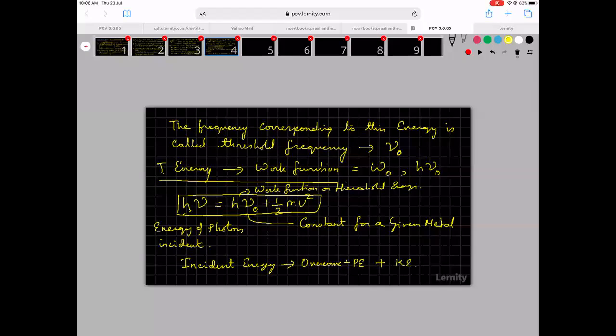In the Bohr structure, the electron has total negative energy, only then it is bound to the nucleus. Now you are supplying energy to make the total energy equal to 0 or greater than 0. So when the incident frequency corresponds to the threshold frequency, the kinetic energy will be 0. The electron is just emitted from the surface.